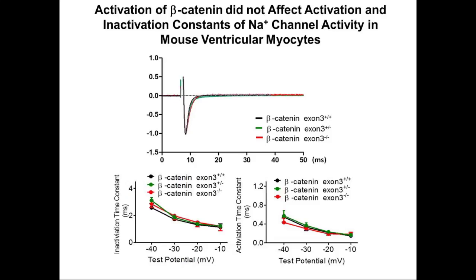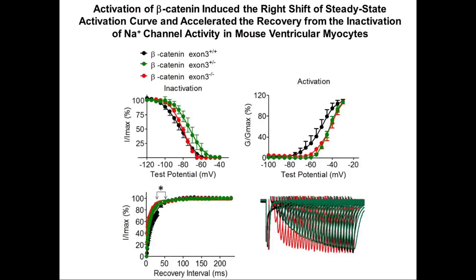We also analyzed the kinetics after exon 3 deletion, the activation and inactivation of these channels. Kinetics were not changed by these deletions. A very interesting finding is the recovery: after the channels inactivate, the recovery time is much faster in the deletion.